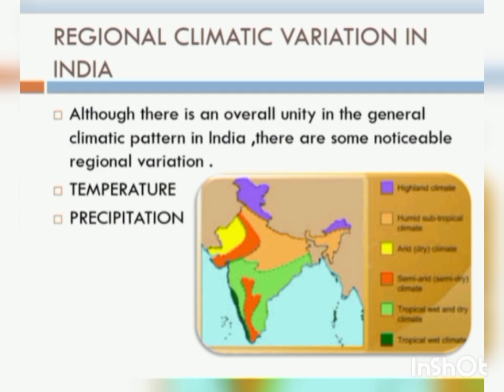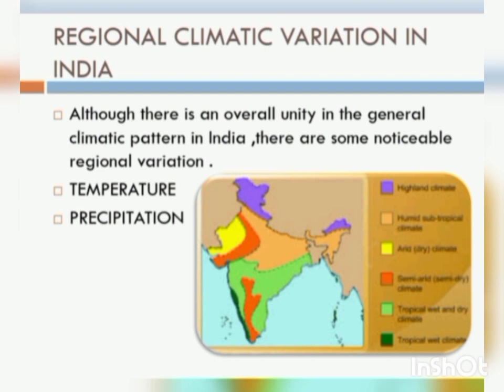Now, let's see precipitation. There is a wide variation observed in the amount and seasonal distribution of precipitation, that is, rainfall or snowfall. For example, the annual precipitation varies from over 400 cm in Meghalaya to less than 10 cm in Ladakh and western Rajasthan.